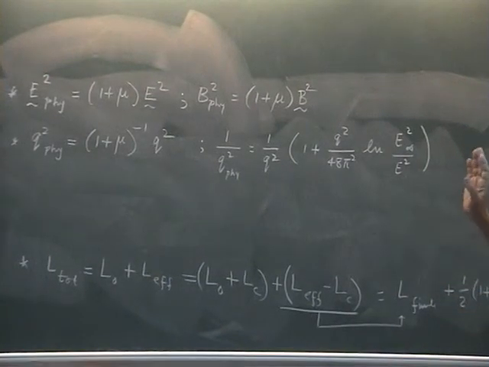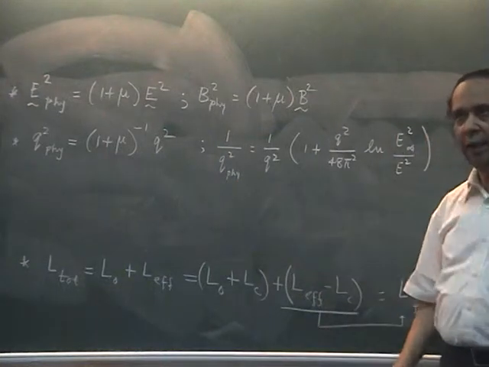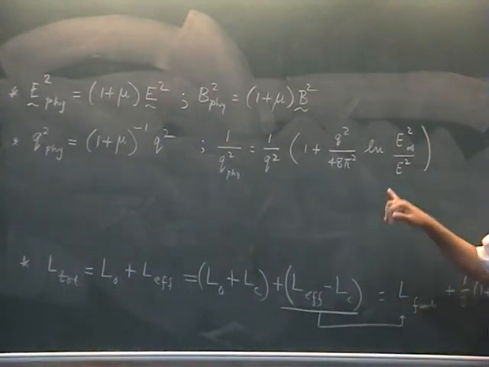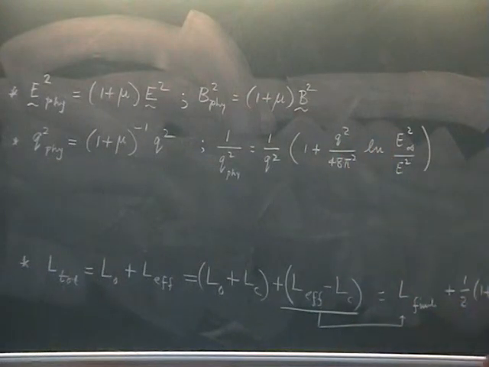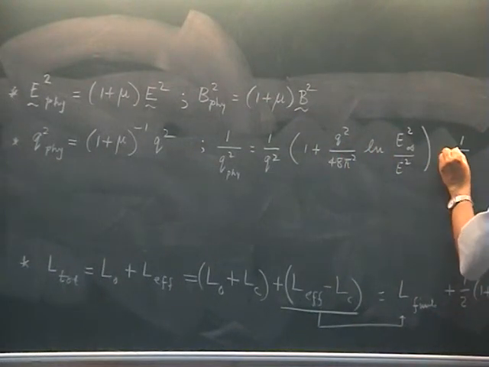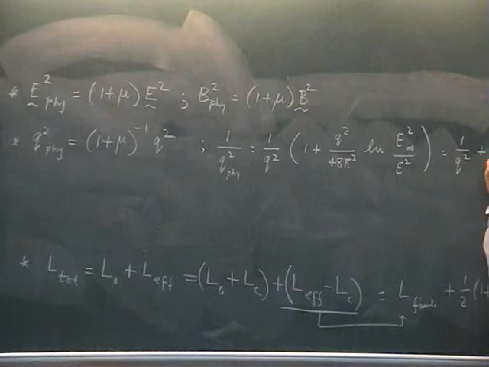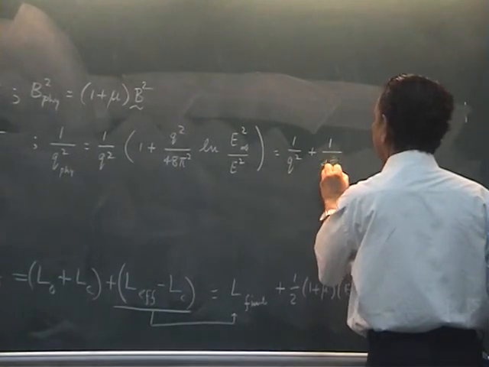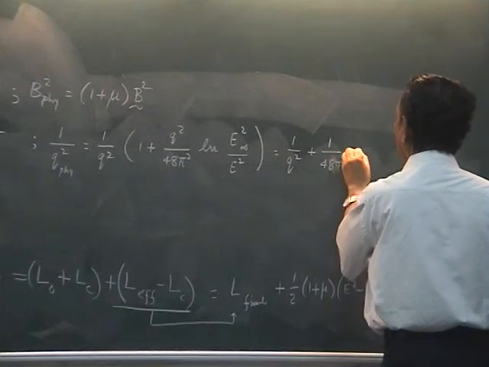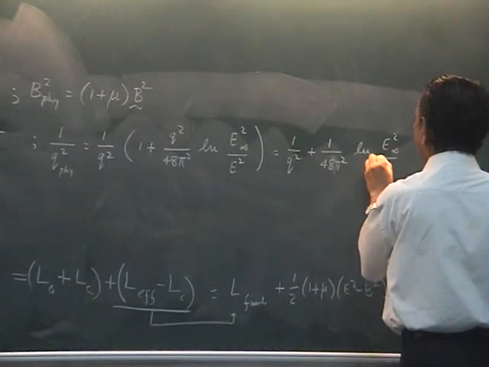We interpret this exactly the way we interpreted before. We think of this q physical square as the coupling constant at an energy scale E. Okay? So this of course can be simplified a little bit. So you get 1 upon q square here plus 1 upon 48 pi square log E infinity square upon E square.